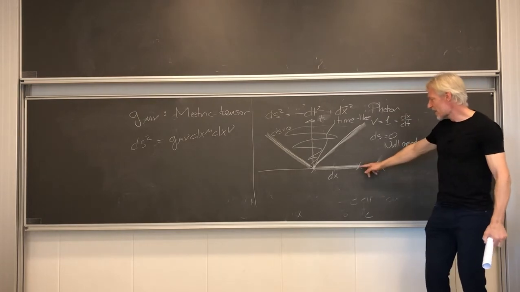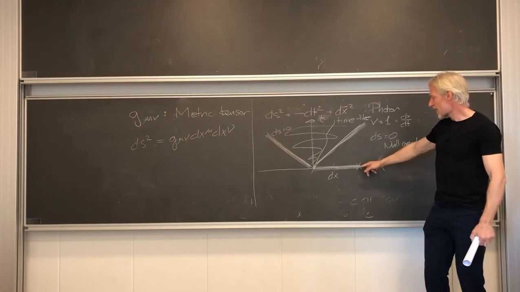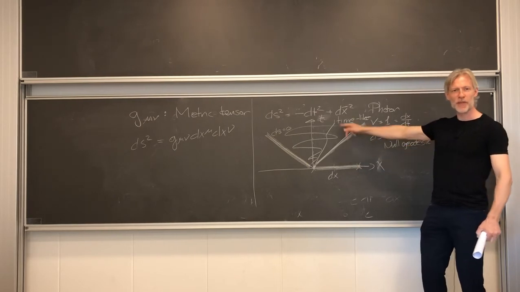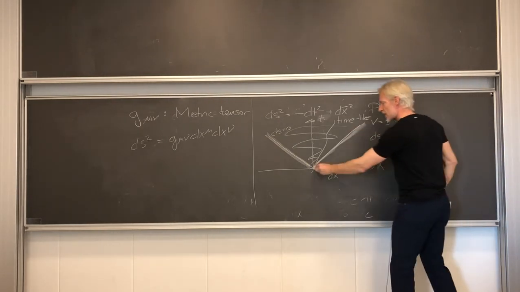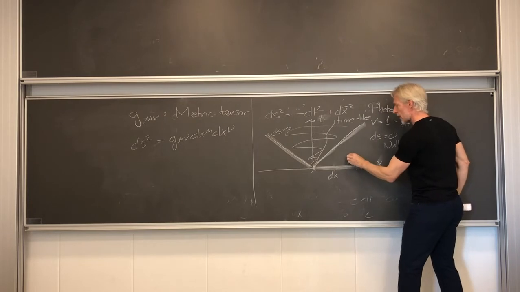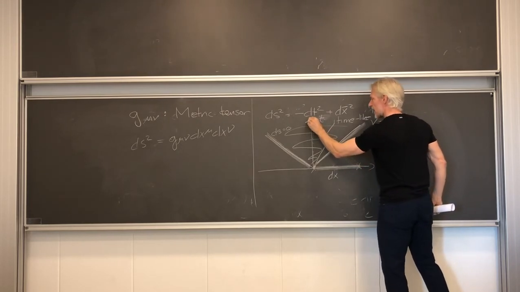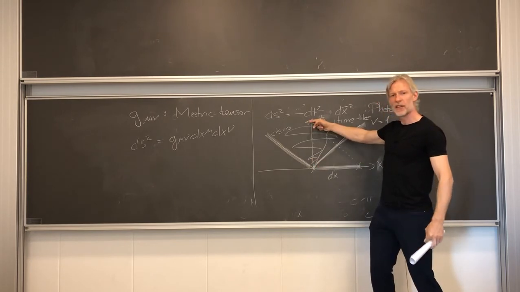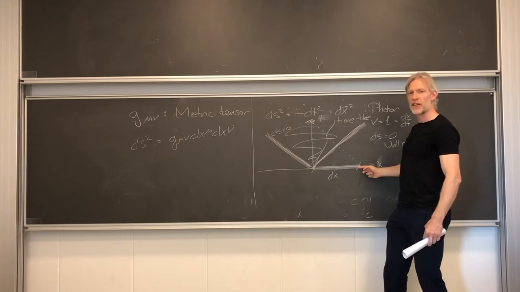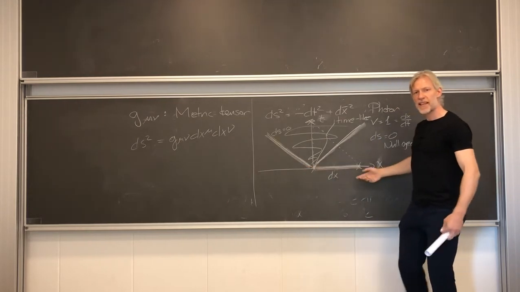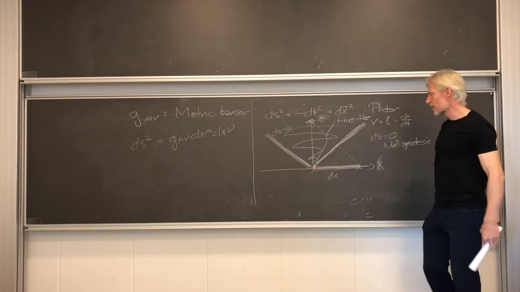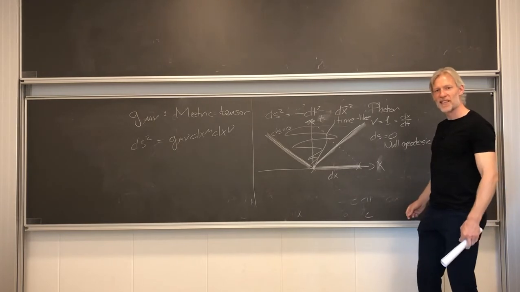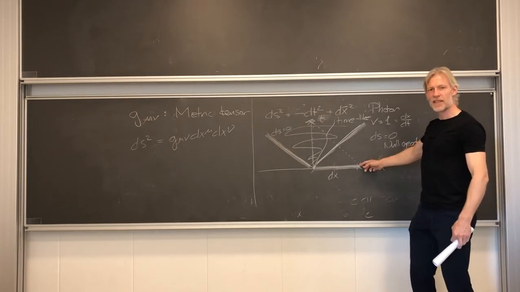I cannot see this point, right? What I can see is if this point emits light and that light propagates to me, the observer sitting at rest here, it would propagate along another null geodesic, and then it would intersect with my geodesic up here, and that's where I would actually measure the light coming from this object. Now, if space-time is static, like in normal special relativity, then I know what the physical distance to the point is.